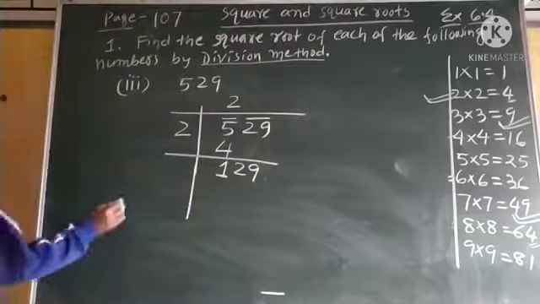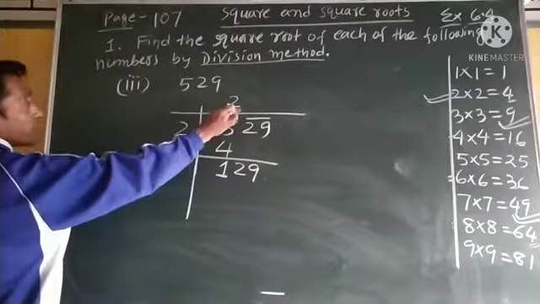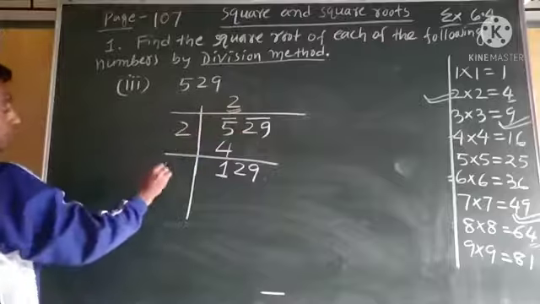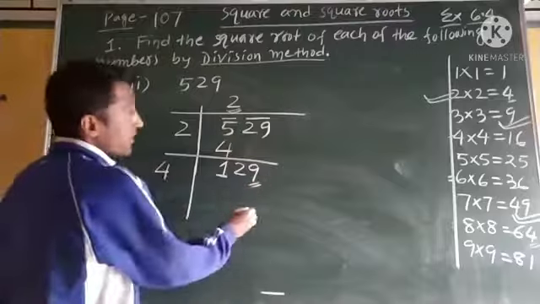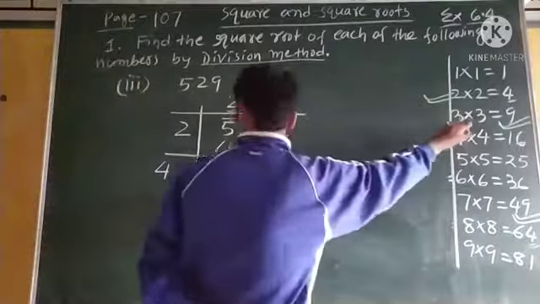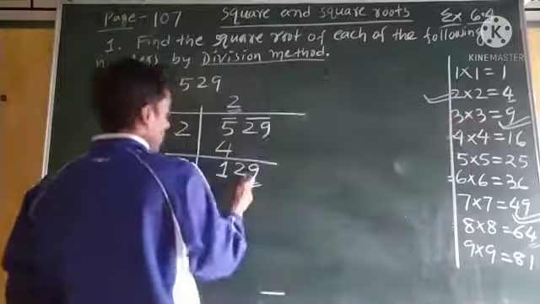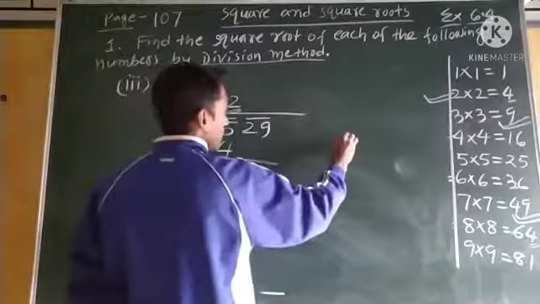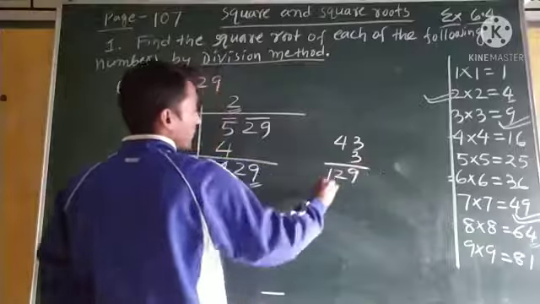To get the second divisor, you double the quotient. The first digit is 2, and 2 times 2 is 4. Now you see the last digit is 9. Can we use 3? You get 129. Check: 3 times 3 is 9, 3 times 4 is 12.